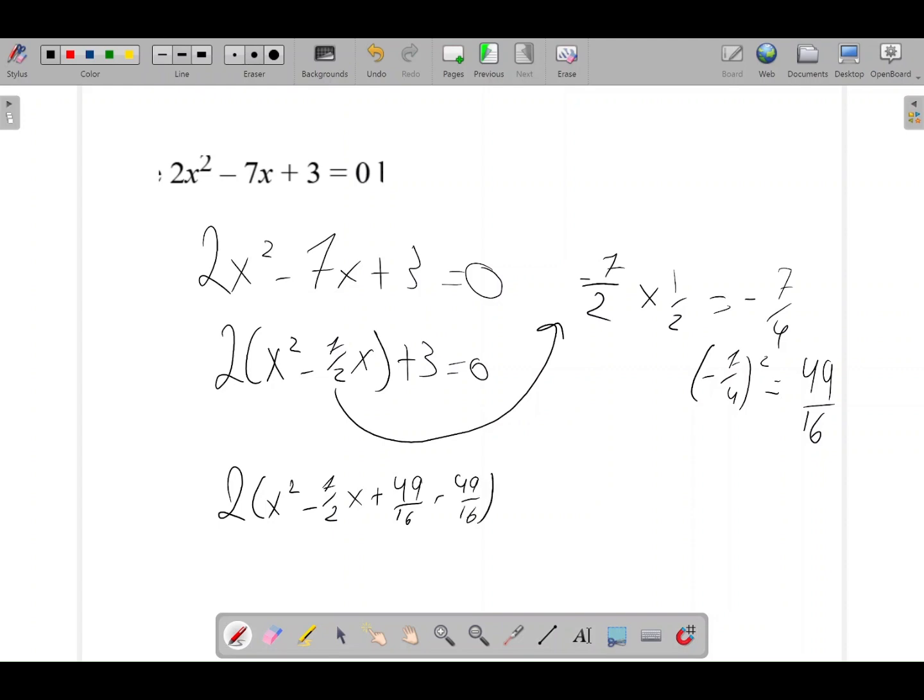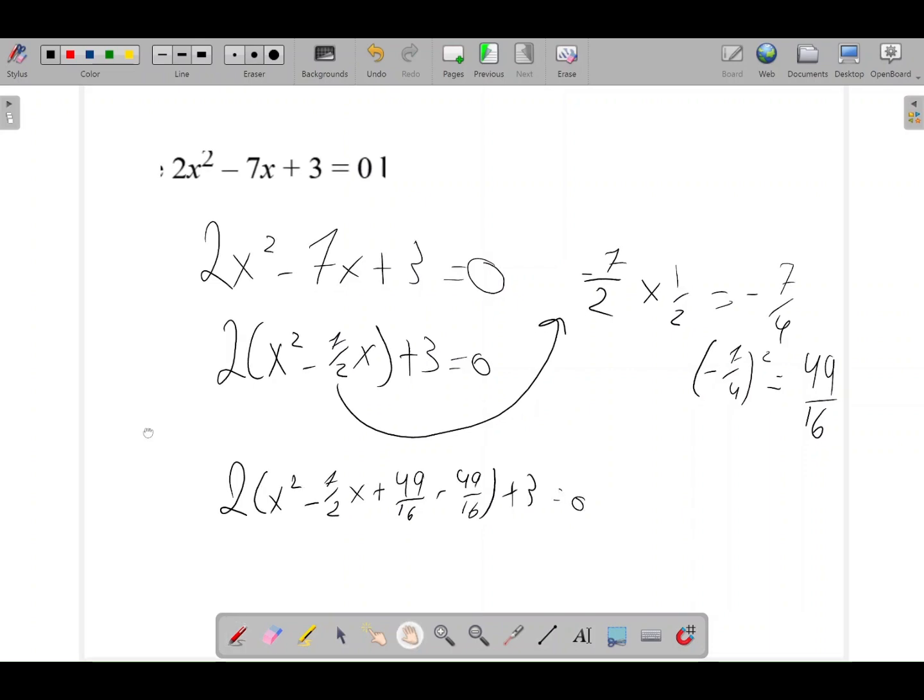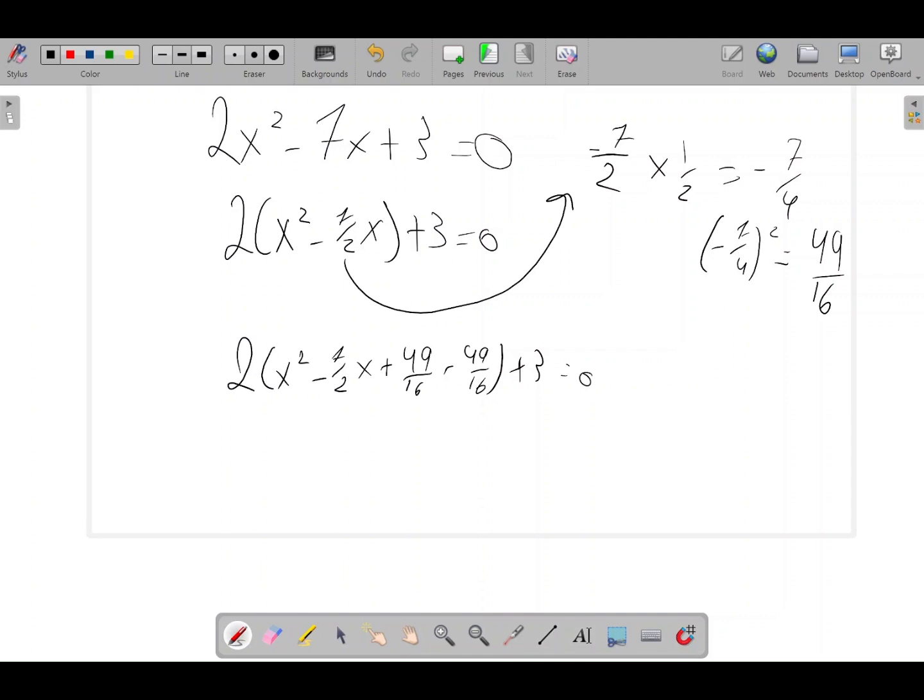Right, this is just how you complete the square. Plus 3 equals 0. Perfect. Now you factor this into the trinomial. So 2, we're going to add this bracket here. X minus 7 over 4, squared, minus 49 over 16 plus 3 equals 0.